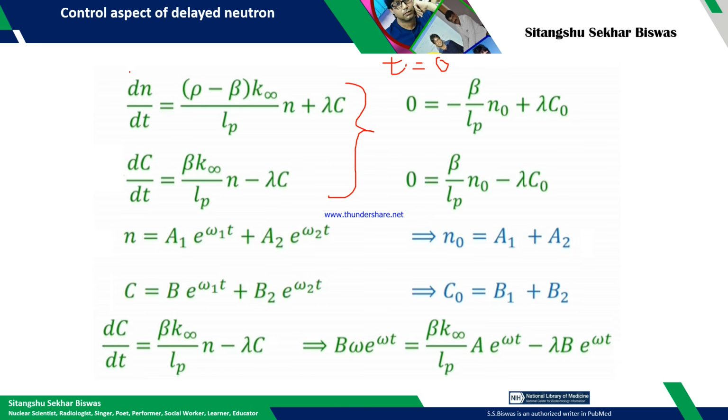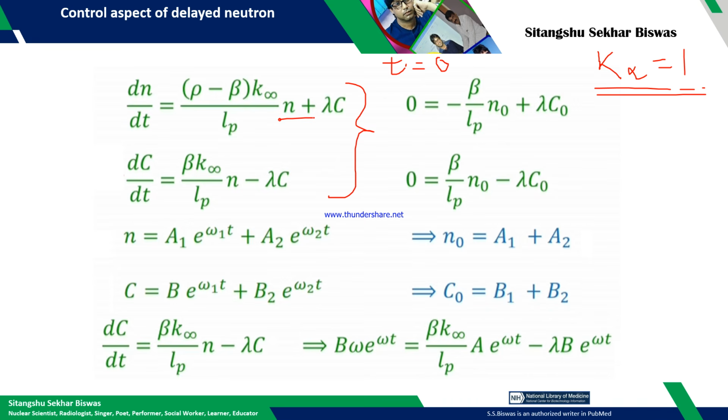So at that time dn/dt is also 0 and dC/dt is also 0, and at t is equal to 0, your k effective is equal to 1. So I have written the reactivity is equal to k infinity minus 1 by k infinity. So your rho also will be 0, as at the beginning your reactor is in critical condition, so your reactivity will be 0. Okay.